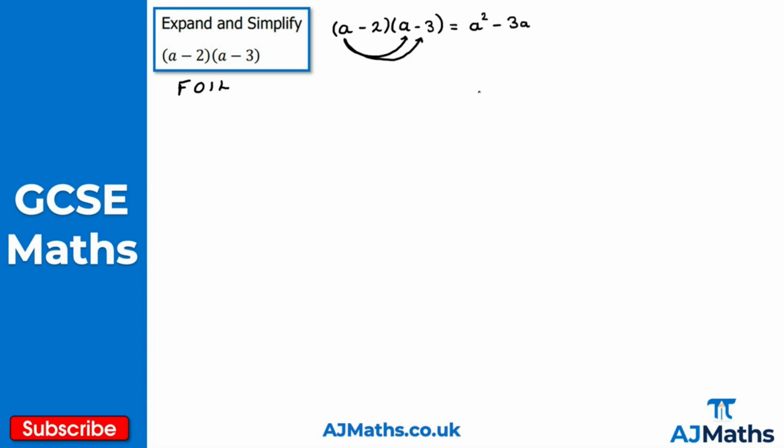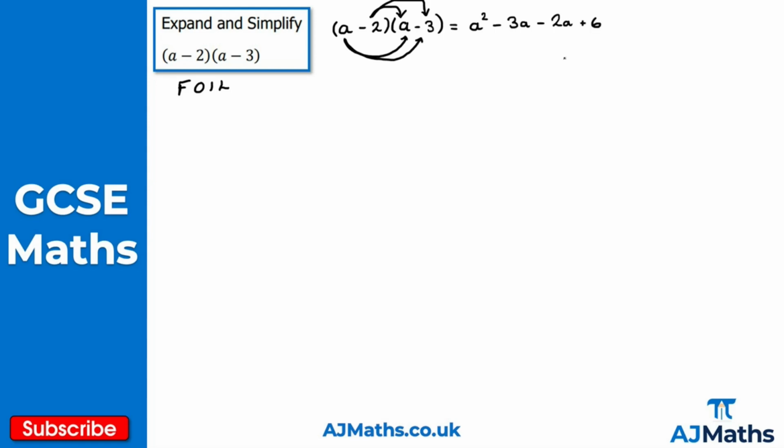Get -3a. Moving on to the I now, so the inside terms here are -2 times a. In that case, we'd get -2a. And then finally, multiplying the last two terms together here, so the last term in this bracket by the last term in this bracket. So -2 times -3. Again, just be very careful with the signs here. What we're going to get is +6.